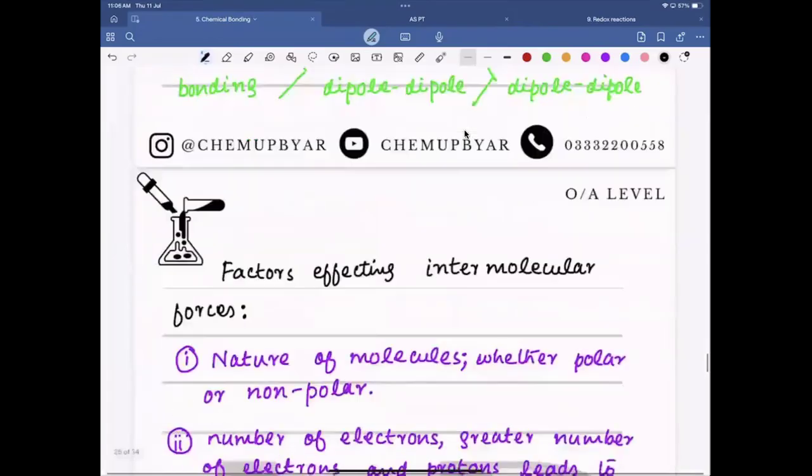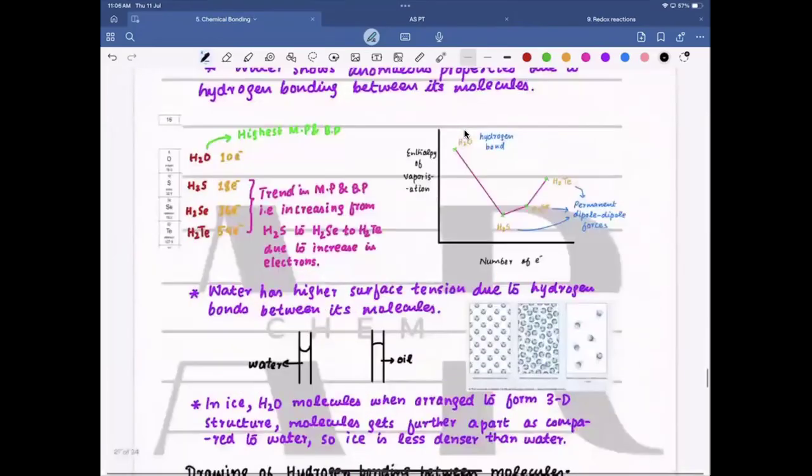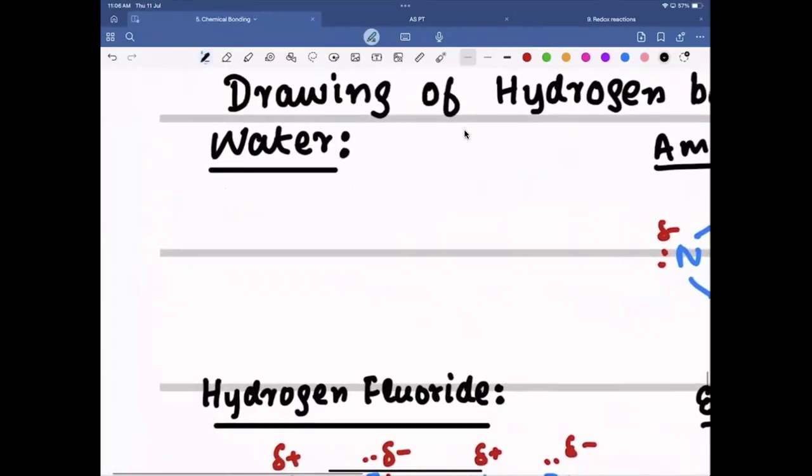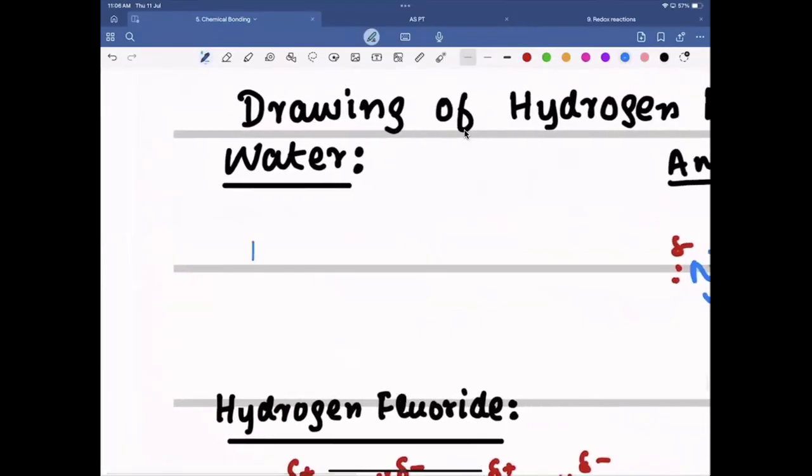Okay. Now I want to show you how to make the diagram. What you will do, for example, is first make one water molecule. Let me draw it like this. In the water molecule, for example, if I am considering this oxygen is going to form a hydrogen bond, right?